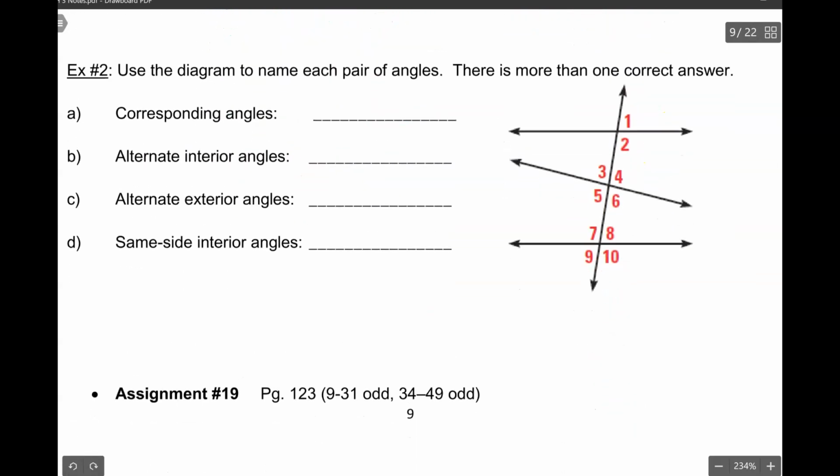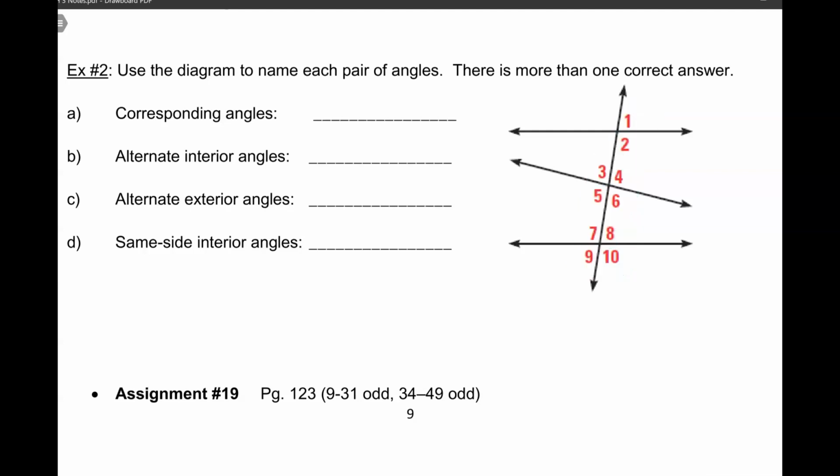All right, so we want to use this diagram to name each pair of angles. There's more than one correct answer. So for instance, corresponding angles, I could say 3 and 7, 4 and 8, 5 and 9, 1 and 4, 1 and 8, 2 and 6, 2 and 10, 6 and 10. There's so many. There's 9 different answers we could give.